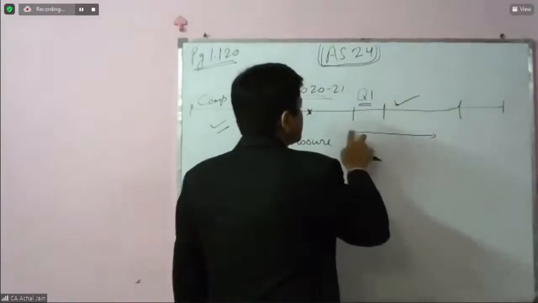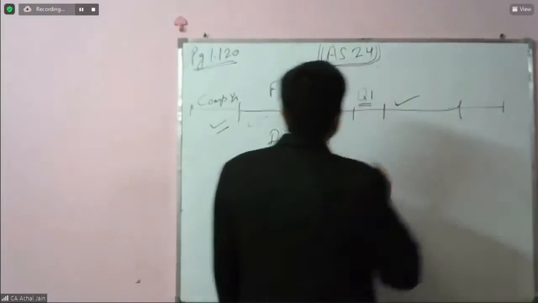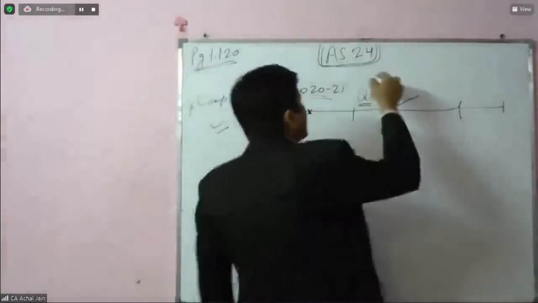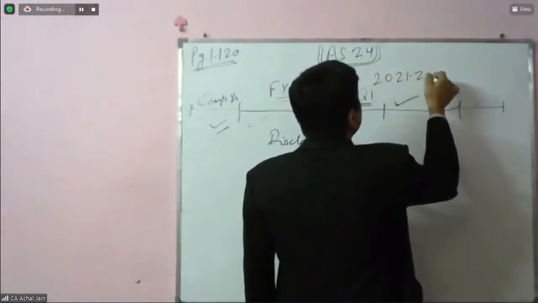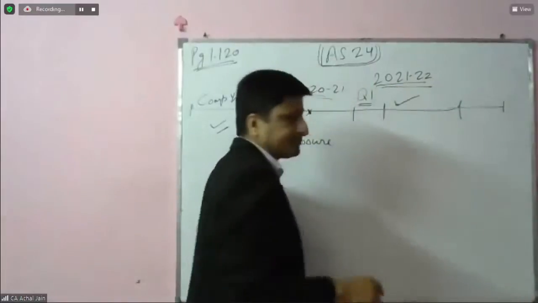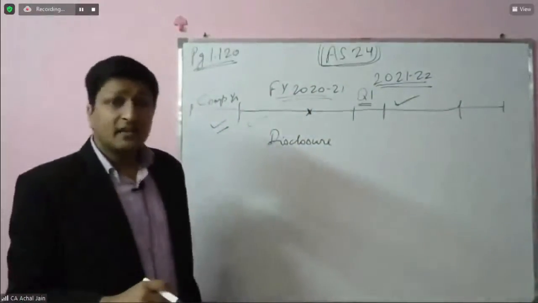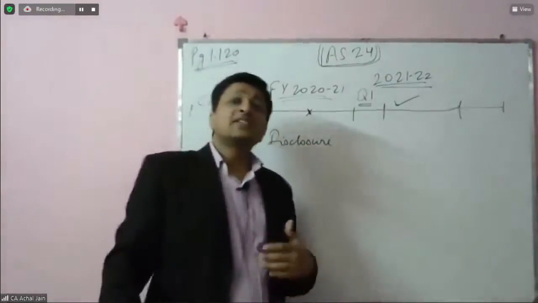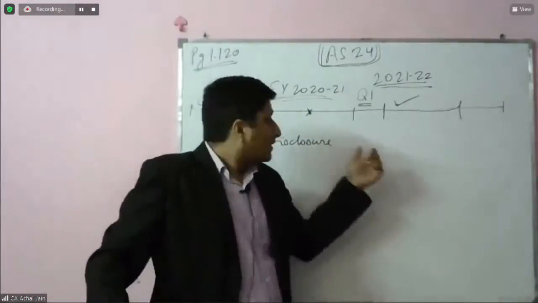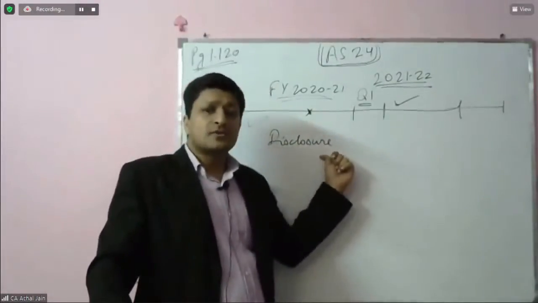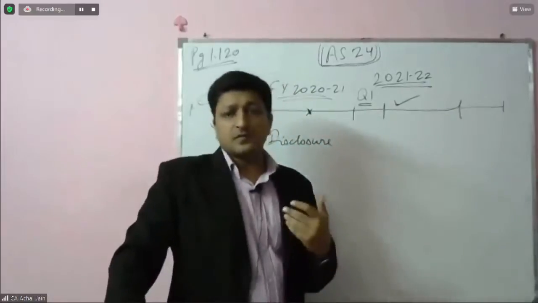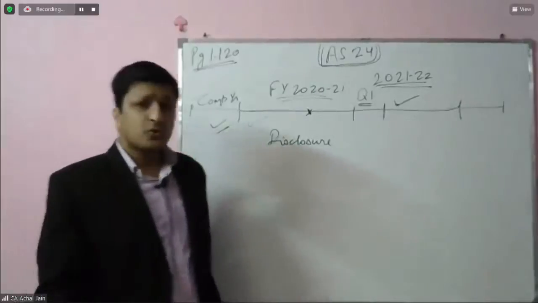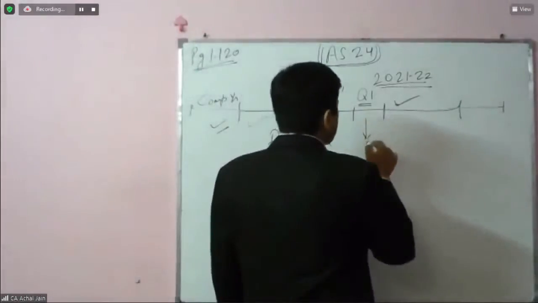Q1. In the last year, a disclosure was given, and in Q1 of 21-22, what do you need to do? Once again, that disclosure should be reassessed, and if there are any changes since it was disclosed in terms of the amount, the timing, or when it will get completed, all of those aspects should be disclosed.